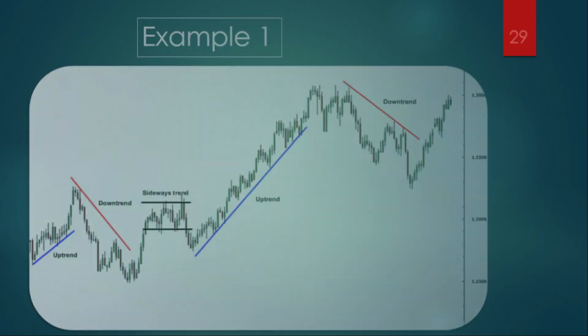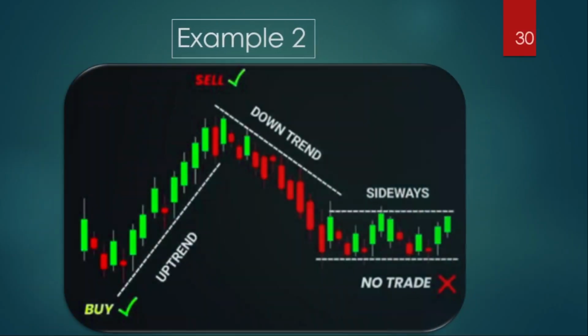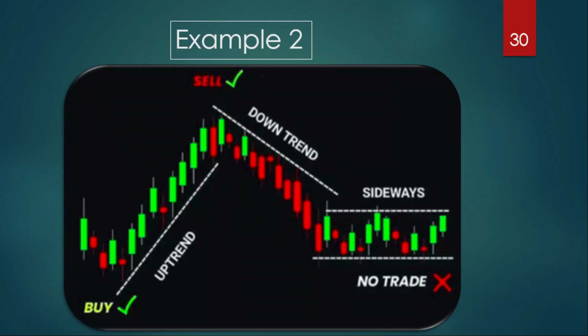Here is another example of the market trends. We buy when we anticipate the price is going to go up, when we anticipate that the market will be trending up, and then we sell when we anticipate that the market will be trending down. So this is another example of uptrend, downtrend, and sideways trend.